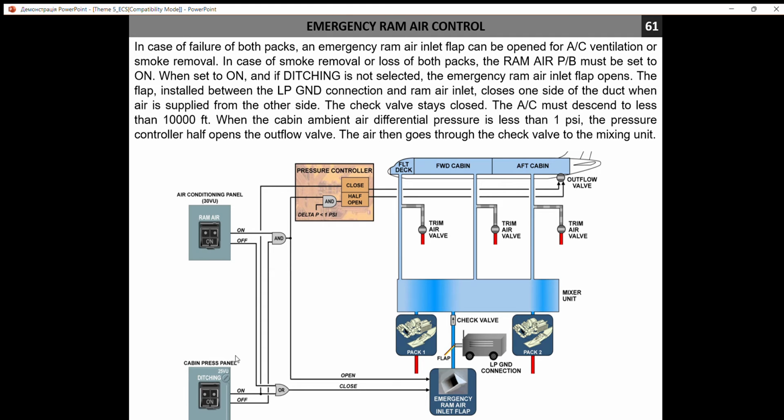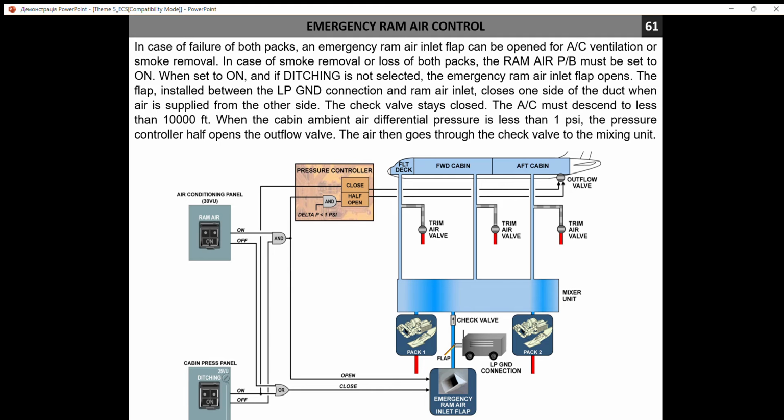And by the way, please look at this diagram. You may notice a button, ditching. As you remember, ditching is the process of landing an aircraft on the water. Why do we need this special button here?